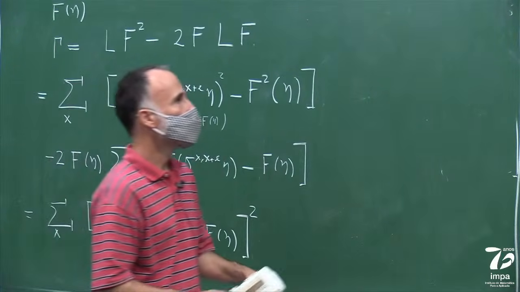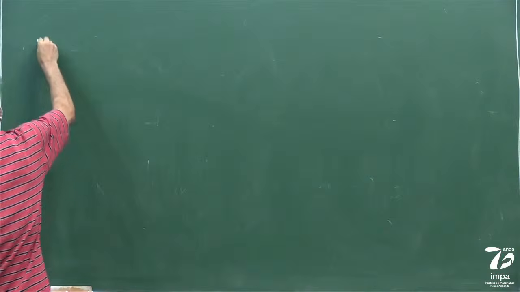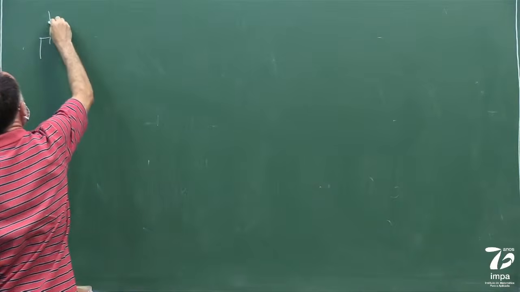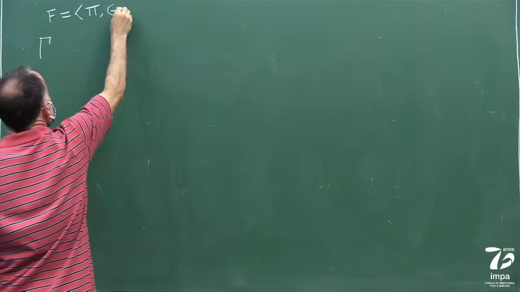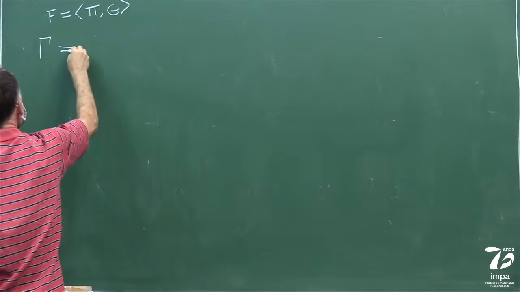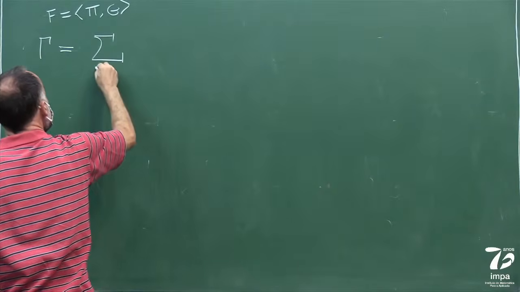So in the case in which f is equal to pi g, gamma will be equal to the sum in x.